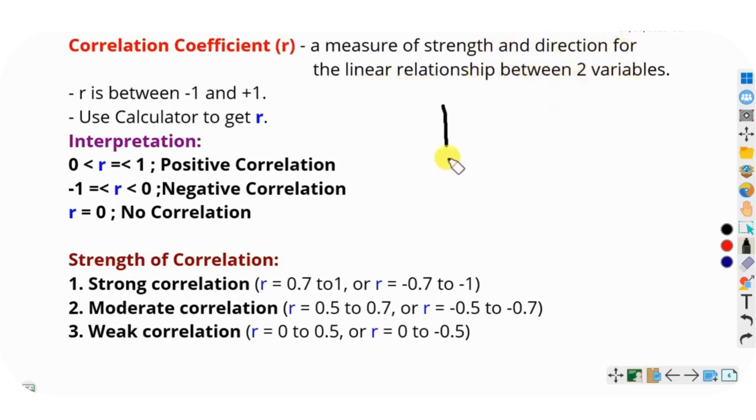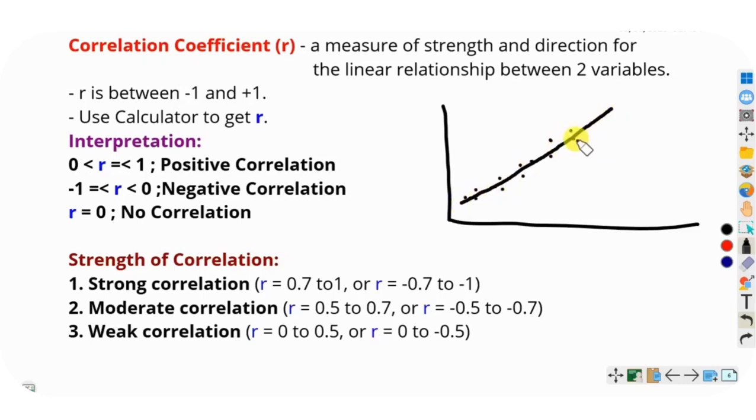Okay, so for example, if I just drew on the previous page the line of regression. So let's say I have data like this, and then I draw a line of best fit, and it appears like this.